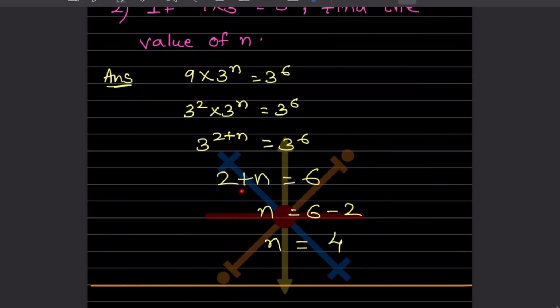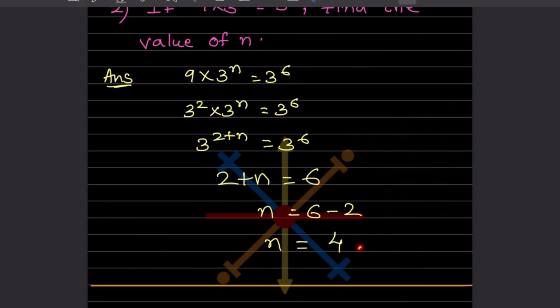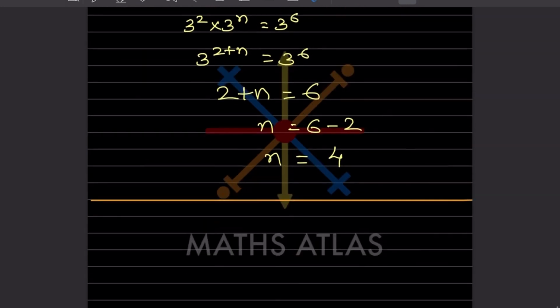So 2 plus n is 6. So n is 6, but when you take this over to that side, this is actually plus, so it is going to get subtracted. When the LHS and RHS, when there is plus, it becomes minus. When there is minus, it becomes plus. Multiplication becomes division and division becomes multiplication. So here, the answer is 4.